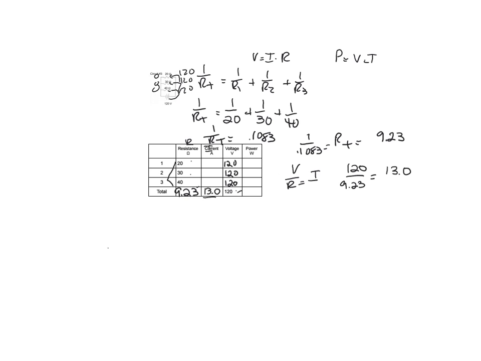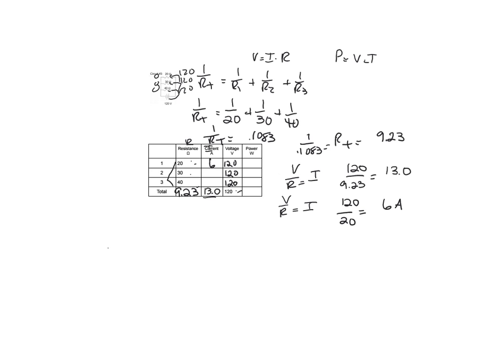Now I have two variables in each one of these rows. And the thing I do need to remind myself is that when I'm calculating current, I'm calculating the current through the branch. So I'm going to use the resistance of each resistor. Calculating V divided by R equals I. For the first resistor, 120 divided by 20 is going to give me a current of 6 amps.